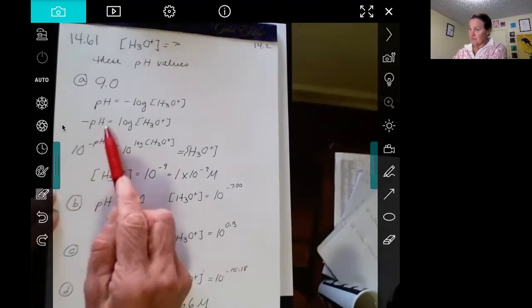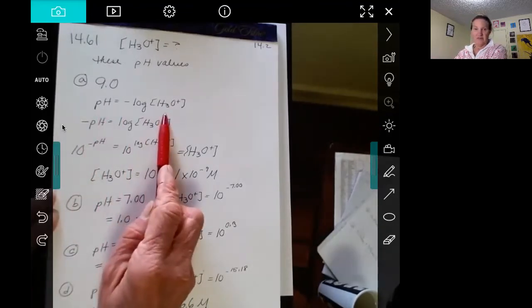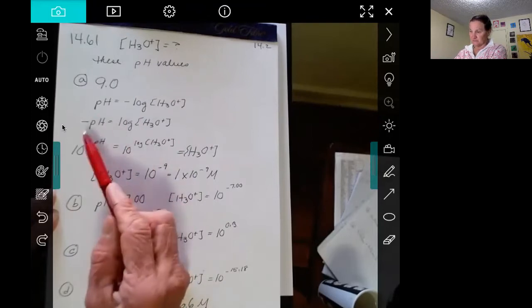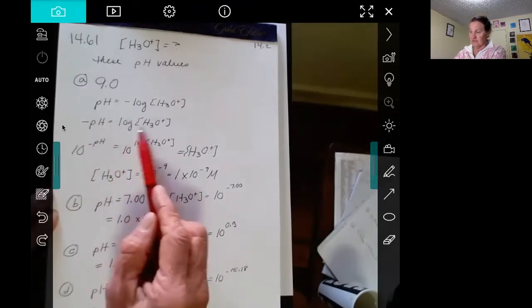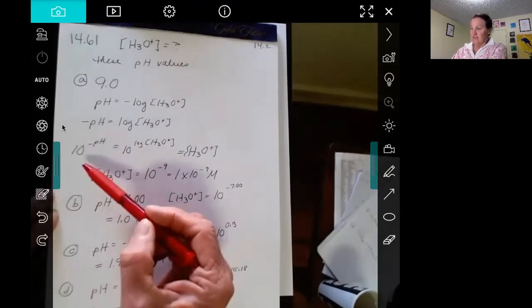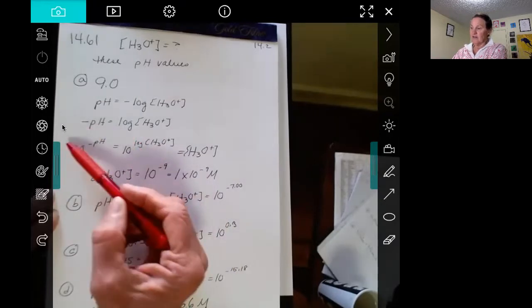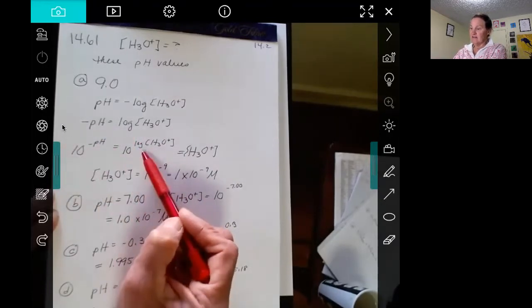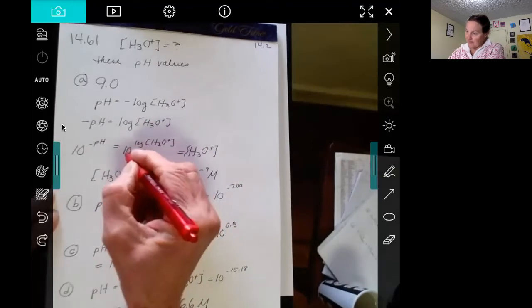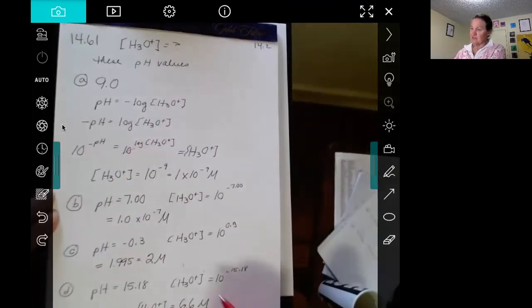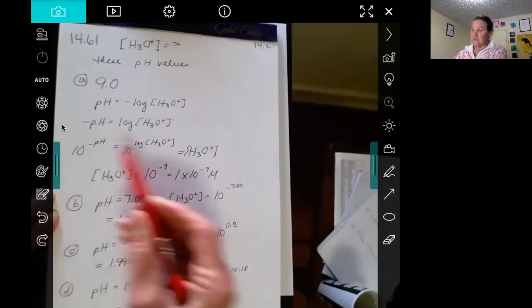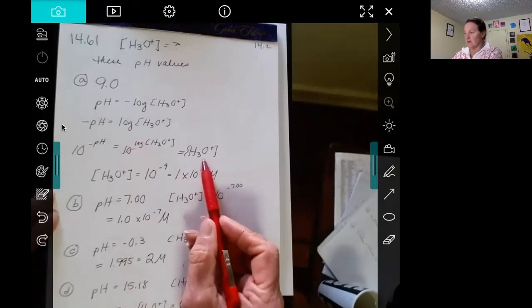So pH equals negative log of hydronium ion concentration. Take the negative to the other side, and then in order to get rid of the log, raise 10 to the log; these are inverse functions, so they cancel each other. So 10 to the minus pH is going to give you the hydronium ion concentration.